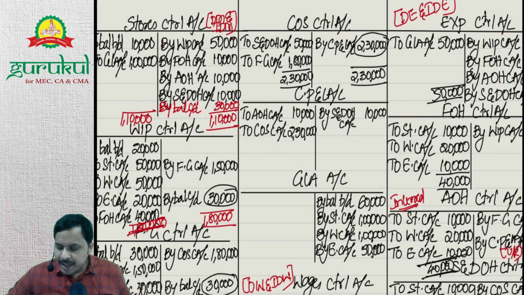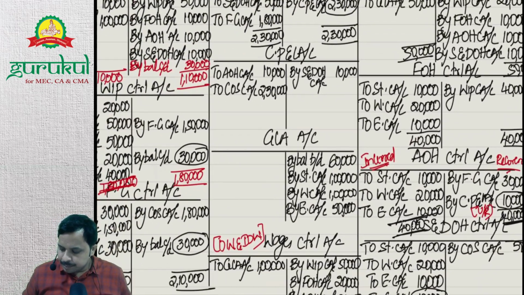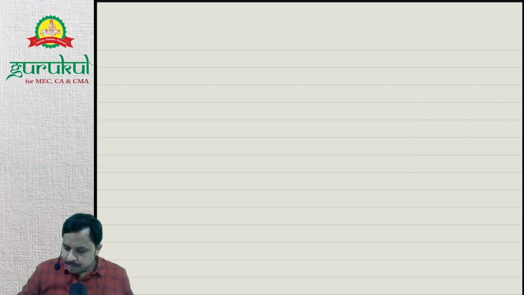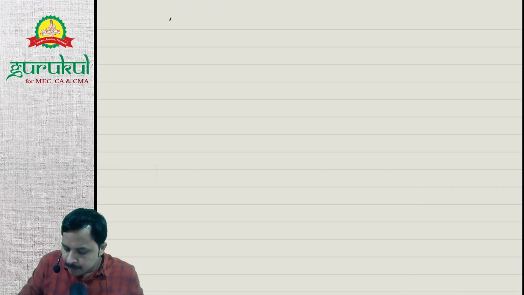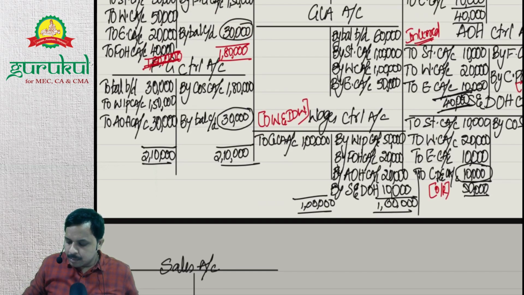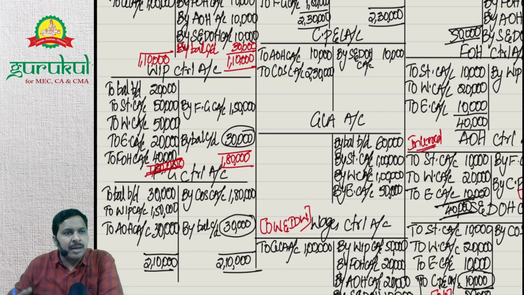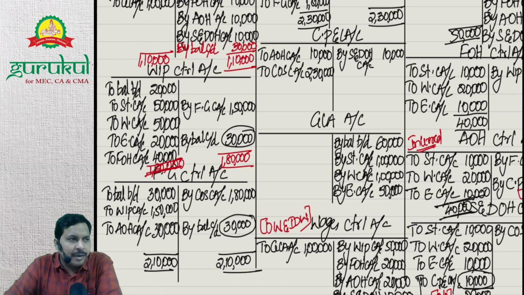Now here, before closing it, let me open an account called the sales account. Now, generally what is the entry for sales? Cash or debtors account debit to sales. Now, should cash or debtors be open or not?